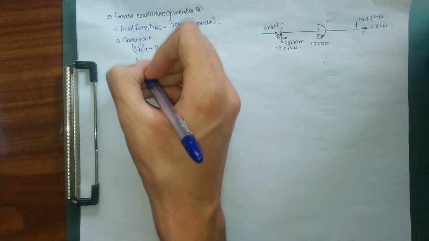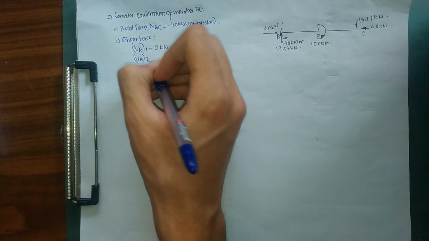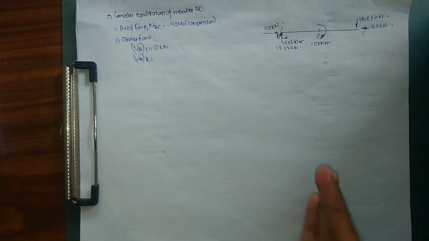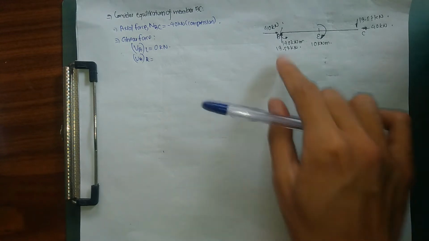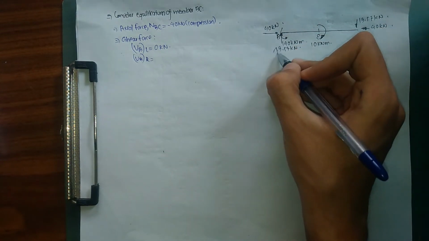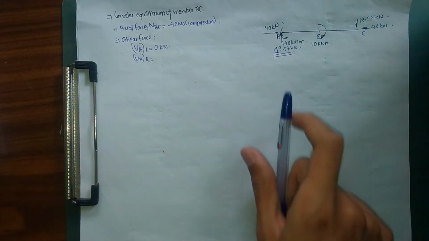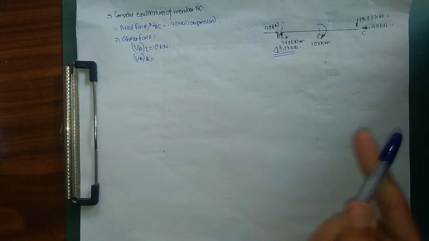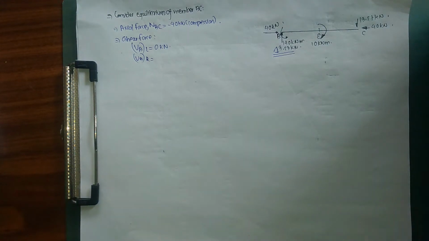Now I'm going to take the shear force right of B, VBR. As I already explained before, shear forces are those forces which act perpendicular to your beam. Perpendicular to our BC, we have a force of 13.57 kilonewton, and it is acting upward. As I explained for my sign convention, while moving from left to right, we take upward forces as positive and downward forces as negative. So 13.57 kilonewton is going to be taken as positive.